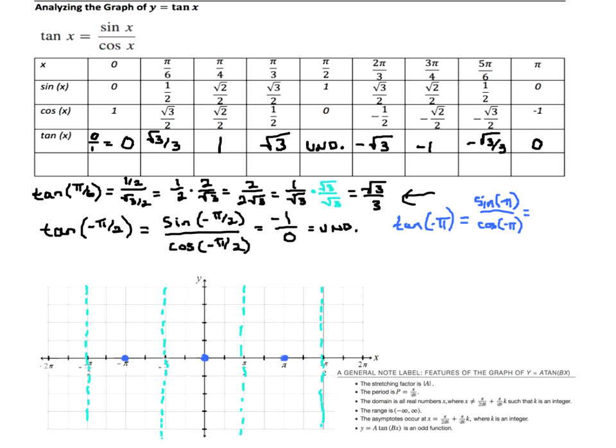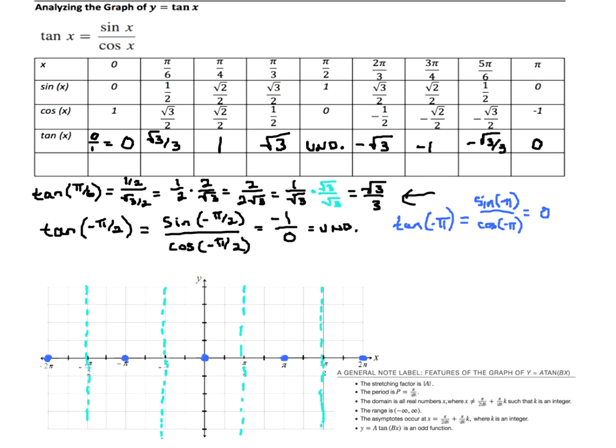So that's just 0. So sure enough, every pi increment in either direction starting at the origin is a point on the graph. And every pi increment starting at either negative pi over 2 or positive pi over 2 is going to be an asymptote.